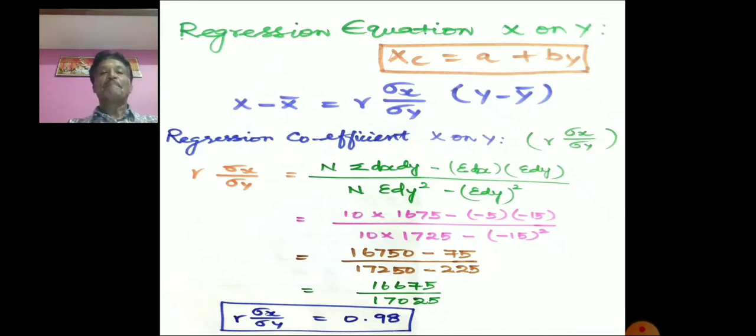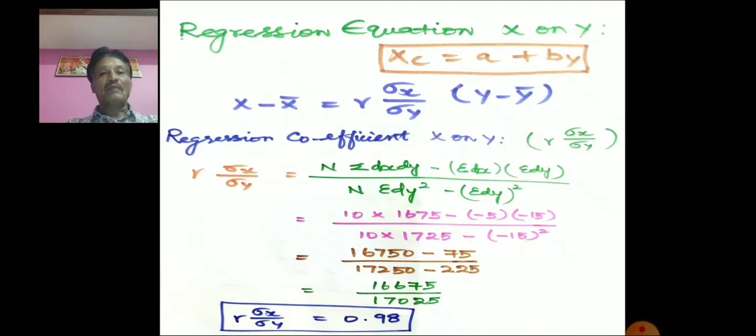Here you can remember the formula for calculating Karl Pearson's coefficient of correlation with the help of the assumed mean method. At the time of calculating the regression coefficient, suppose you take the regression coefficient x on y. In the correlation formula, what is the numerator? As it is, you write the numerator.